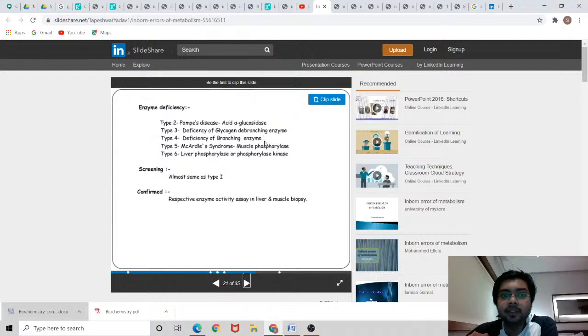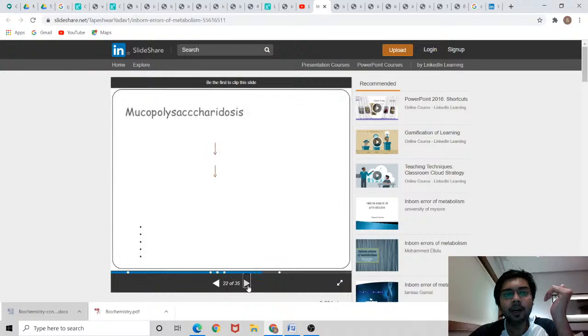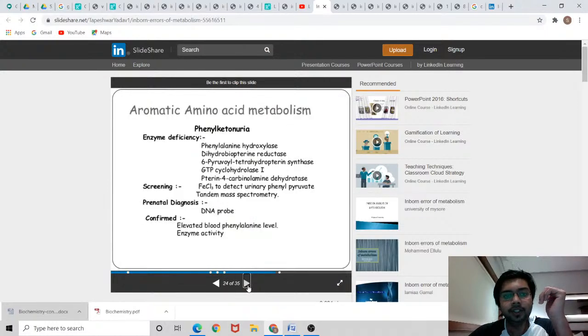Type 4 is deficiency of branching enzyme, and type 5 is McArdle, which is deficiency of muscle phosphorylase. Type 6 is deficiency of liver phosphorylase or phosphorylase kinase. Okay, so 3 and 4 are very easy. 3 is deficiency of debranching enzyme, and 4 is deficiency of branching enzyme.